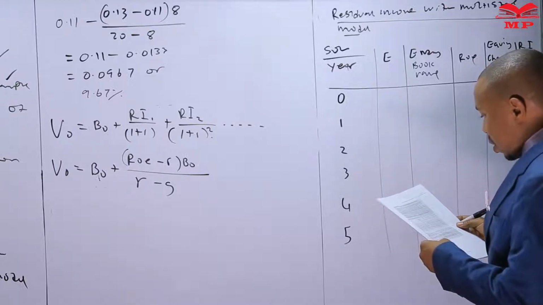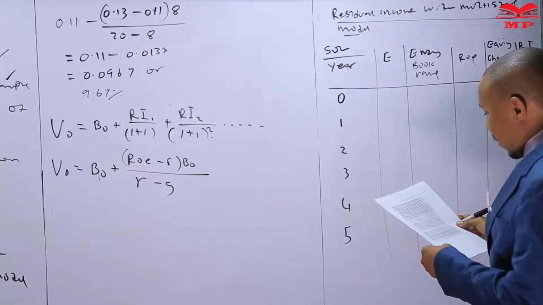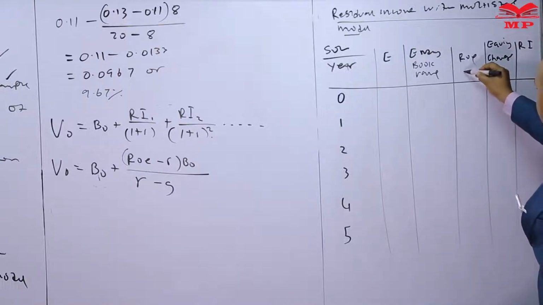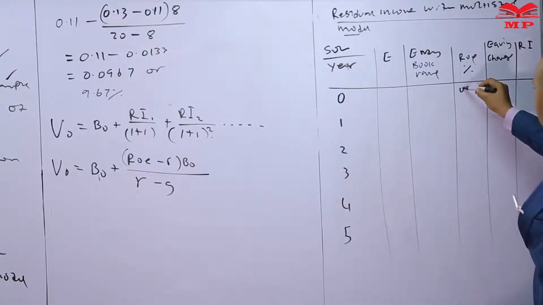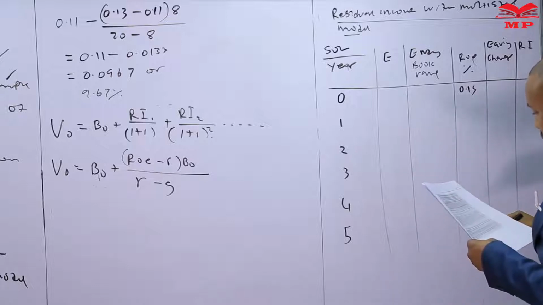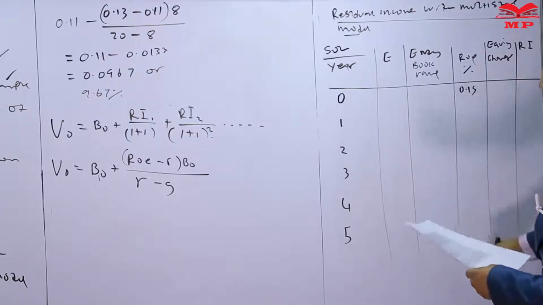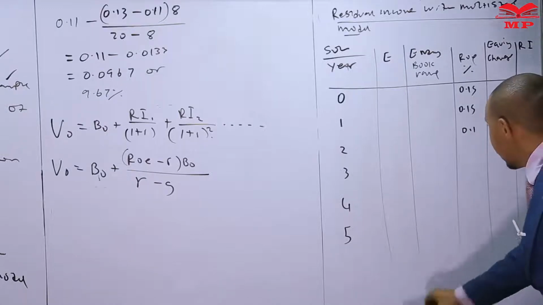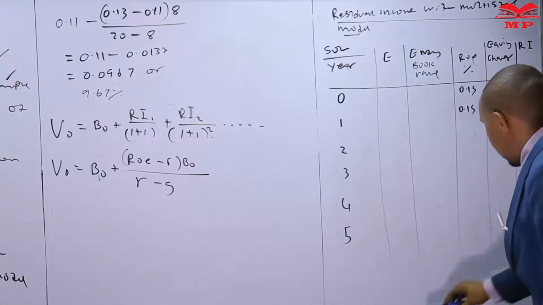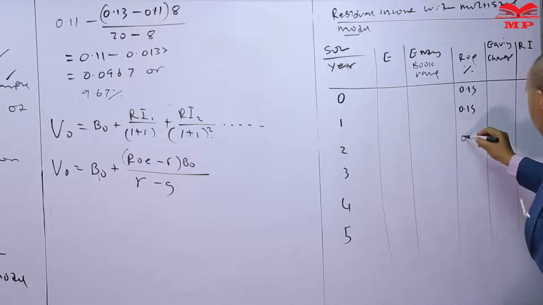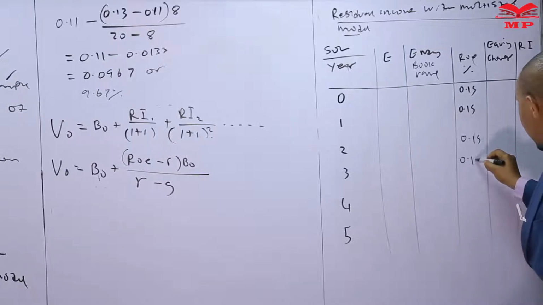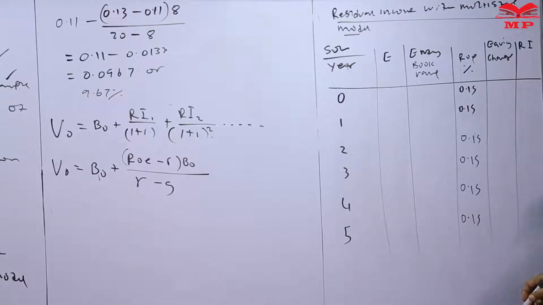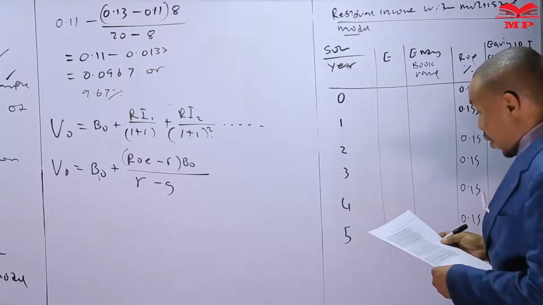And we're being told that the ROE is 15%. So in this column we can confidently put in 0.15 all through, 0.15, 0.15, 0.15, 0.15. And so that one remains constant for the next 5 years.